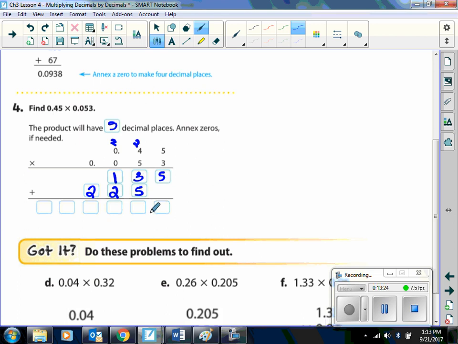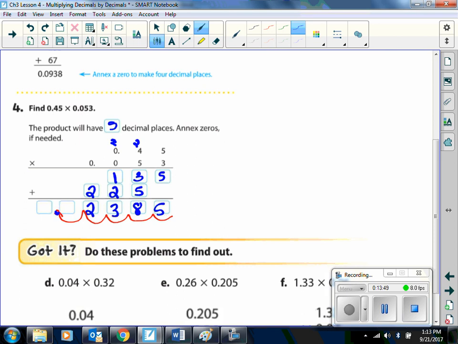And so now we add. So we add 5. This is going to be 8, 3, and 2. So now, how many numbers are we supposed to have behind the decimal? 5. So 1, 2, 3, 4. I don't have enough, but that's where the decimal is supposed to go.